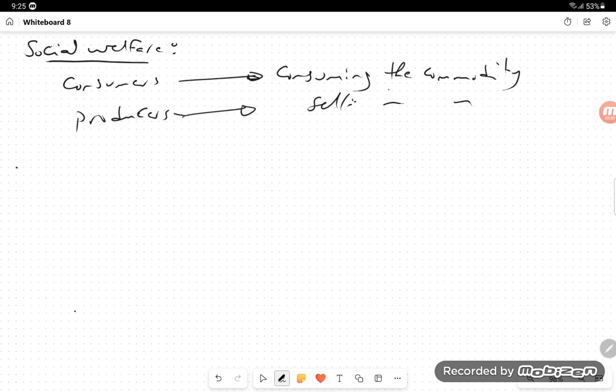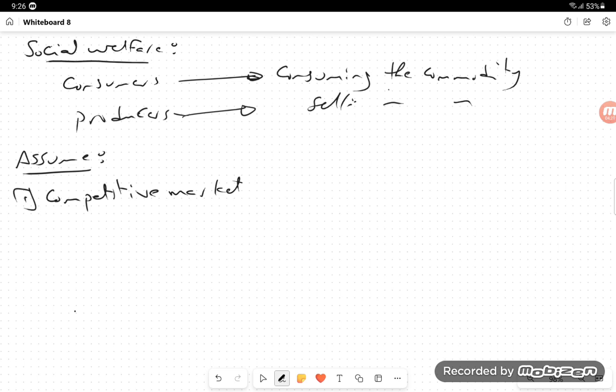And we are going to assume that the market for coal is a competitive market. And as we said before, a competitive market means there are a large number of sellers and buyers in the market, so no one of them affects the price, or in other words, all of them are price takers.